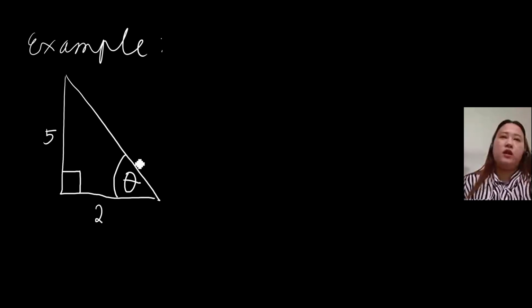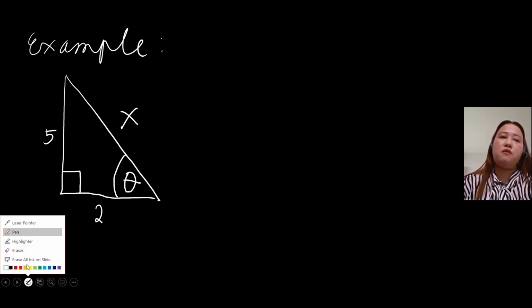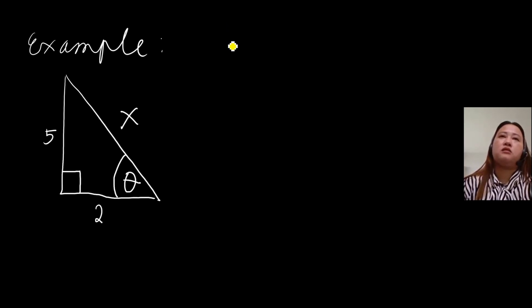So the first thing that we need to do is, as you can see, we only have two parts here in which the measurements are given. Say that we are gonna put x here. If we would like to solve for the x given two sides, remember class, remember the Pythagorean.